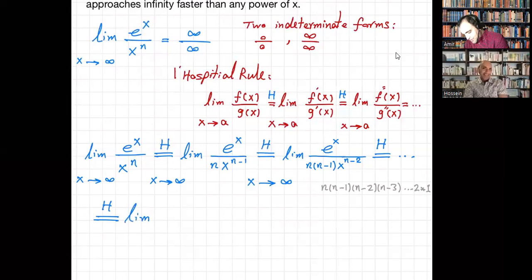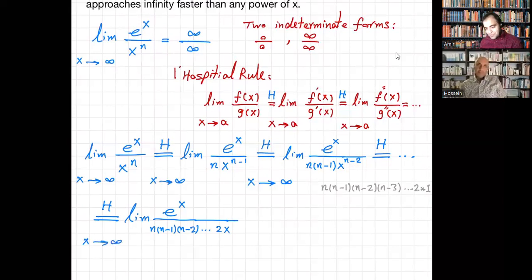So let me write it like this: e to the power of x over n times n minus 1, n minus 2 and other terms until we get 2 times x, as x approaches infinity.